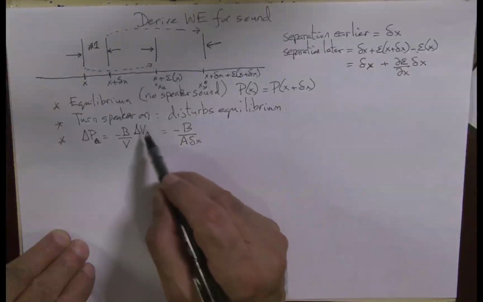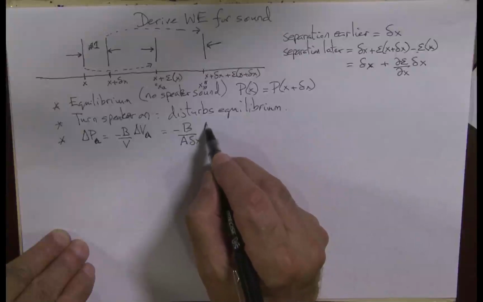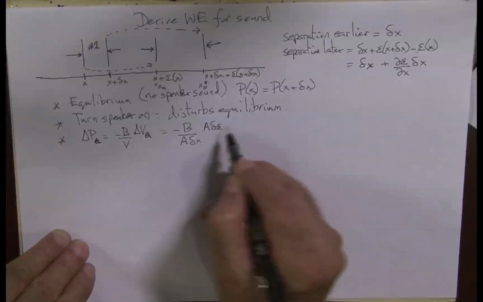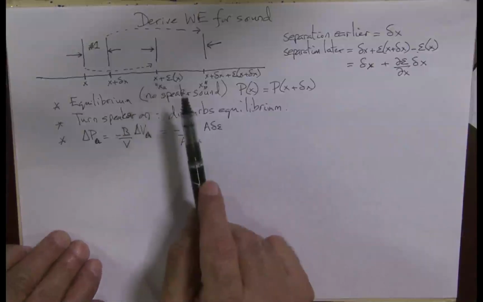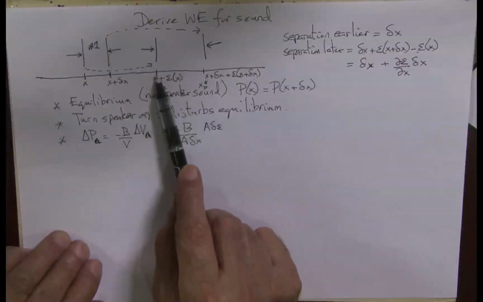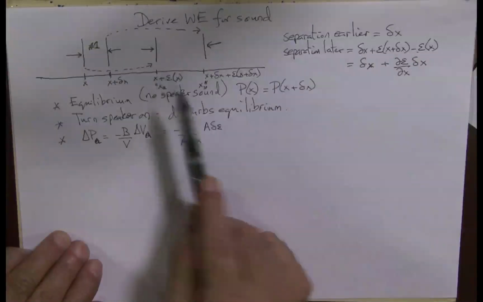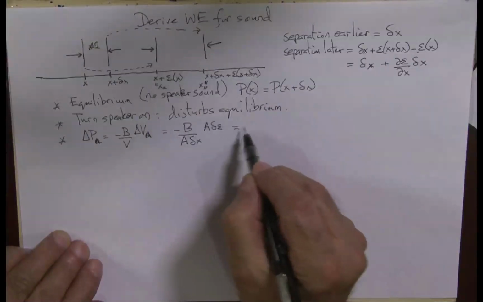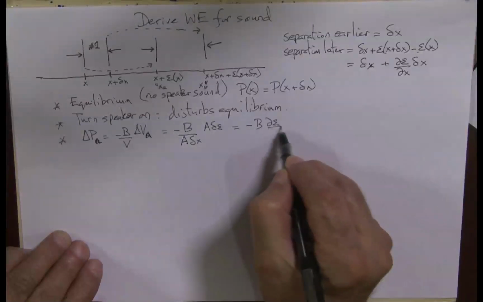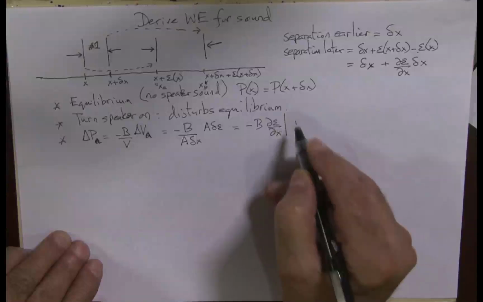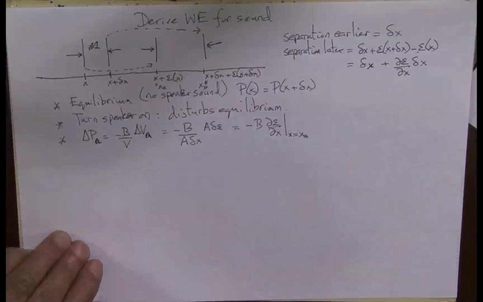Now, delta V is just A delta epsilon. So what that is saying is that there'll be a small change of volume because epsilon has changed slightly, and this is equal to minus B d epsilon by dx at x equal to xa.